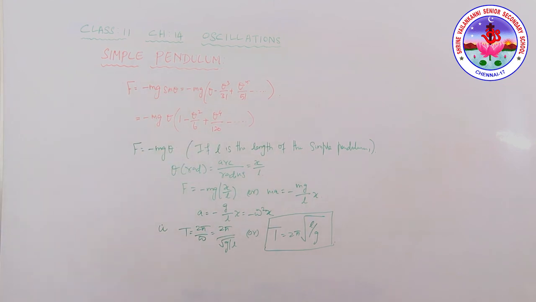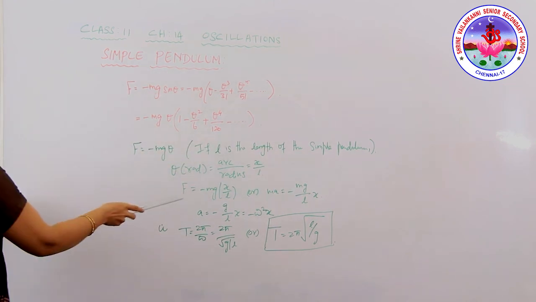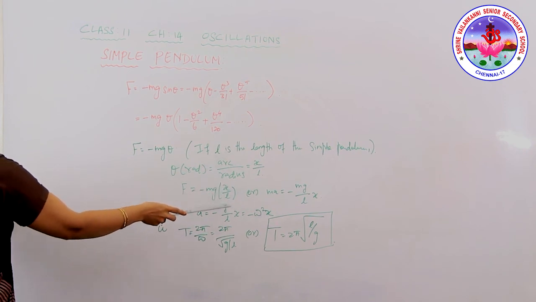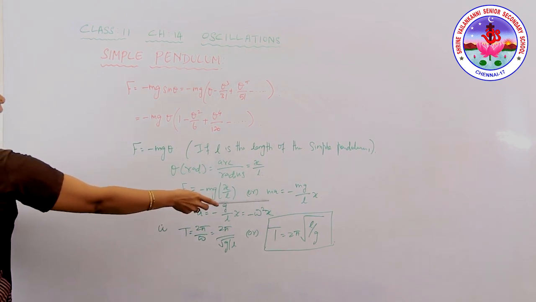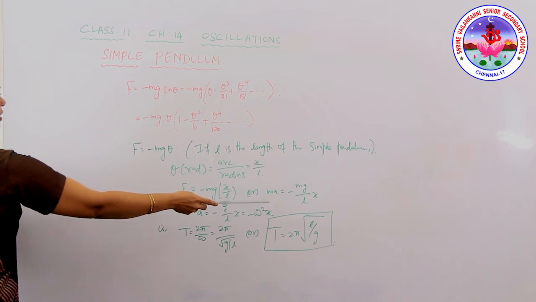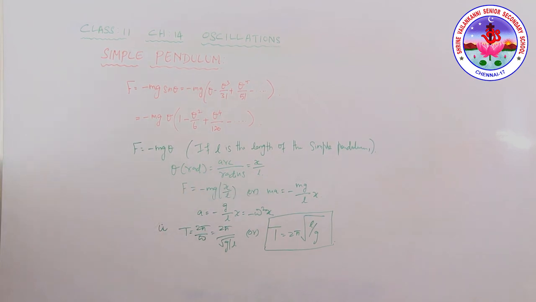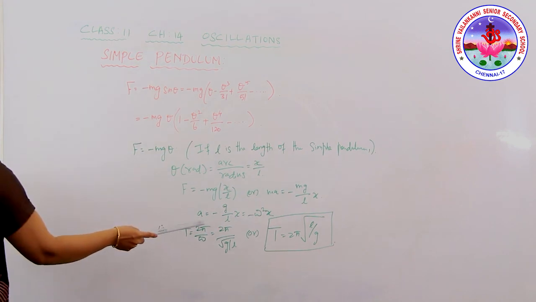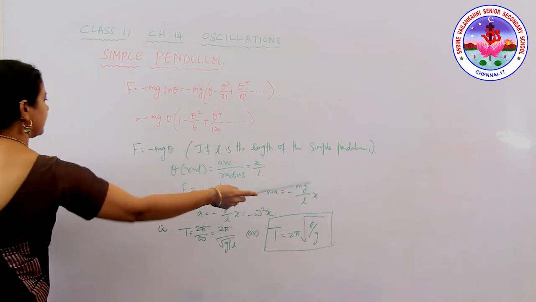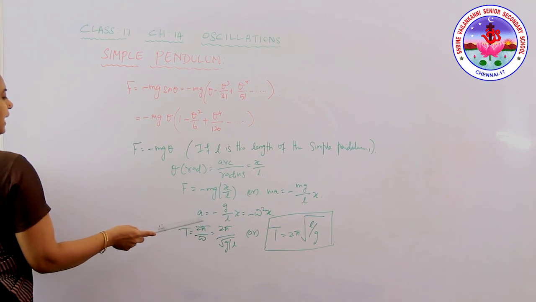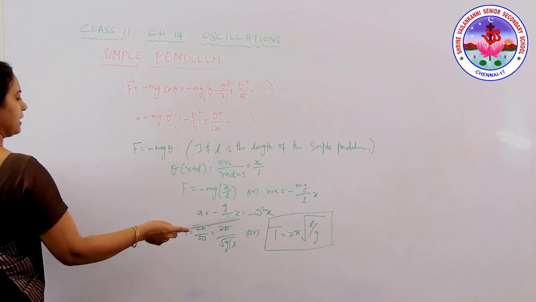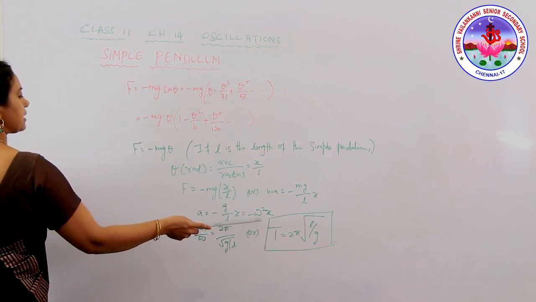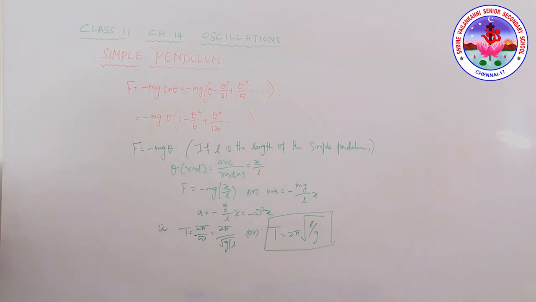So F equals minus mg x by L. Since F equals ma, ma equals minus mg by L times x. By rearranging this equation, the acceleration a equals minus g by L times x, which equals minus omega squared x.